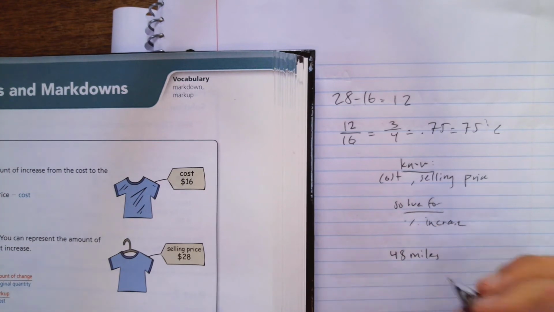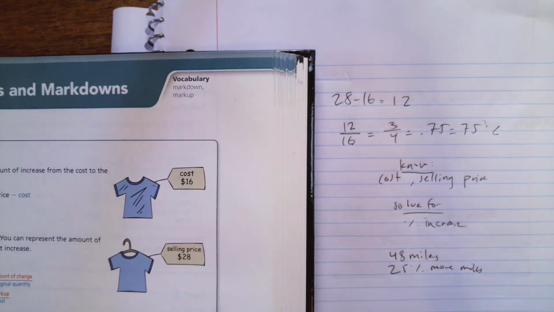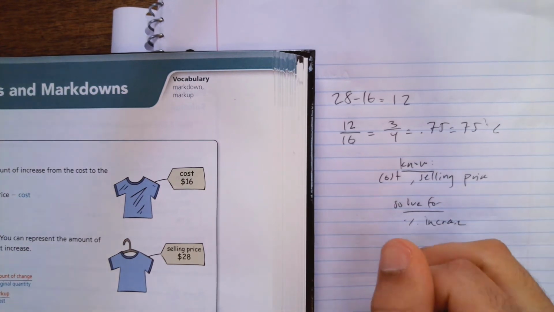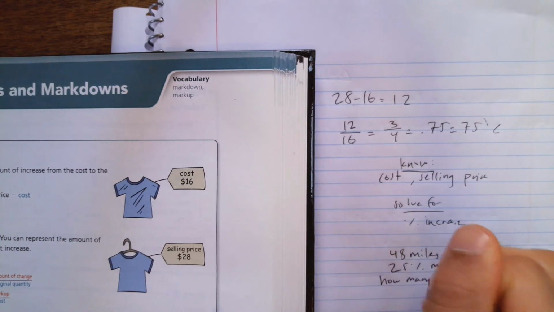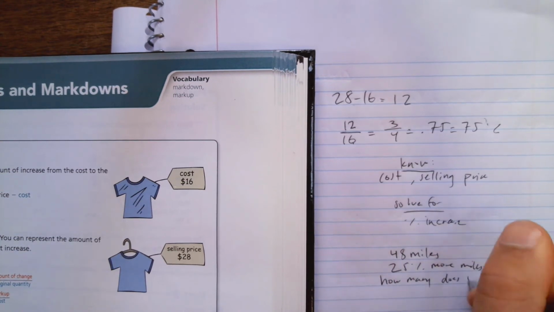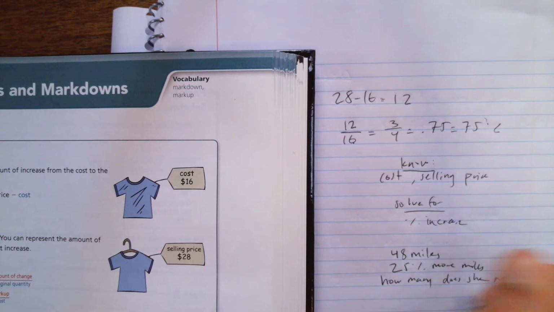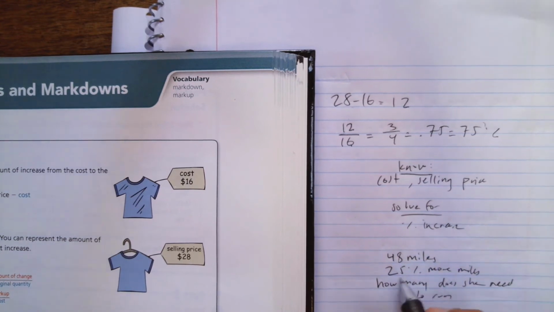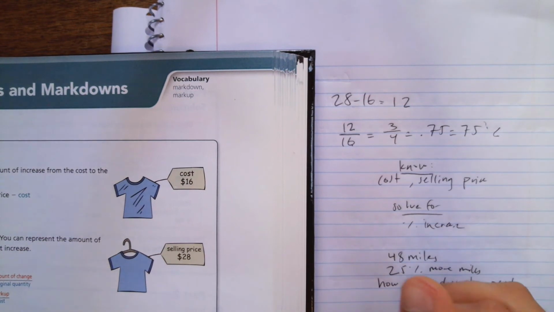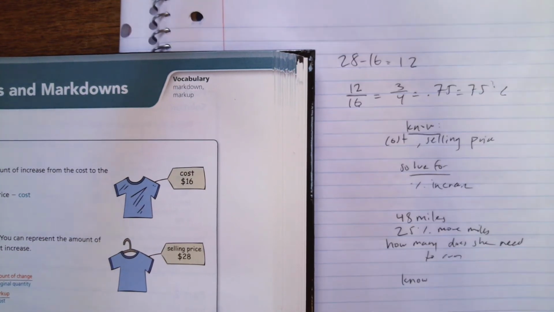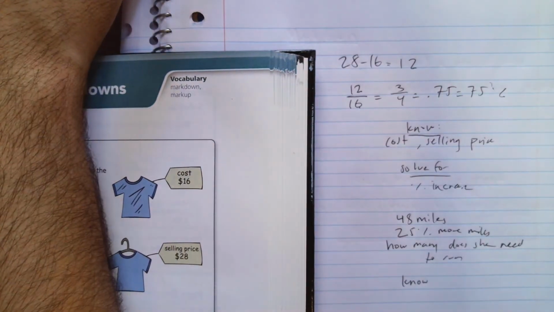And this week she wants to run 25% more miles. And what we're trying to solve for is how many miles does she need to run in order to increase this number by 25%. So in this case, we know something slightly different, right?